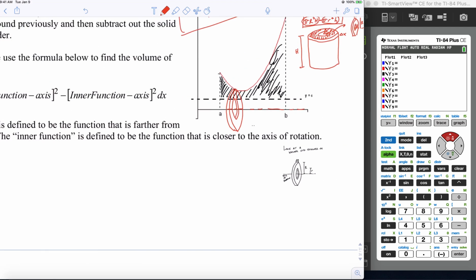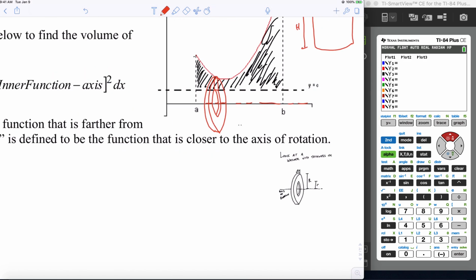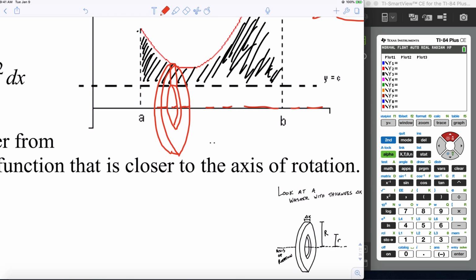Okay, and there's a couple ways we're going to attack this. So first of all, when we look at our radii, here's our axis of rotation. If we go from the axis of rotation up to the outer curve, because there's always going to be an outer and inner curve when the axis is not touching the edge of our region, we're going to have an outer curve and an inner curve.